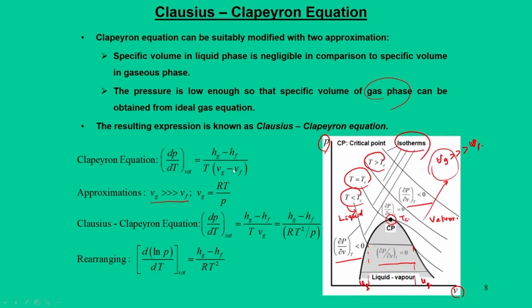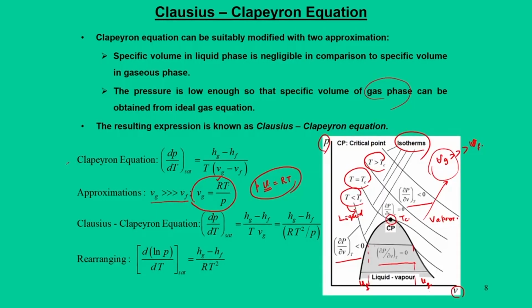When you have the ideal gas model, we can write PV equals RT. So we are saying the gas phase specific volume Vg is represented in terms of temperature and pressure with an ideal gas constant R, and this R value has to be chosen for water vapor.